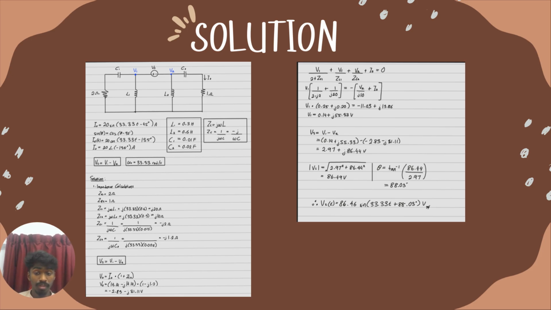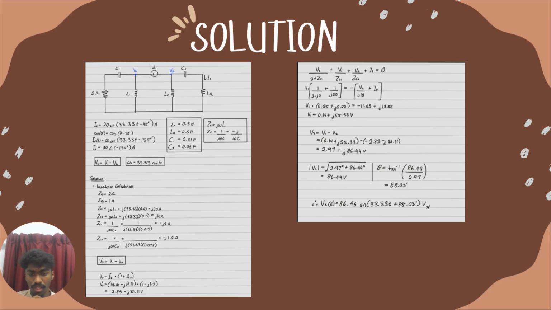From here, we calculate the complex impedance of the inductors and the capacitors, using 33.33 radians per second.